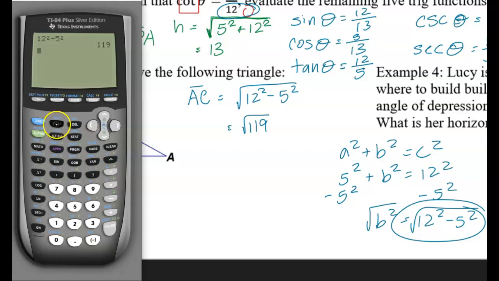But really good to point out, now that we're doing trig, our calculator has to be in degree mode. Do you remember where we harped and harped about your calculator in degree mode? Make sure your calculator is in degree mode. You press mode and you go down to radian and over to degree and you press enter.